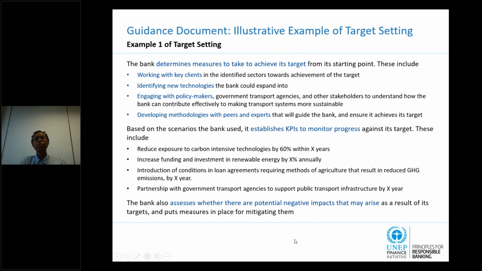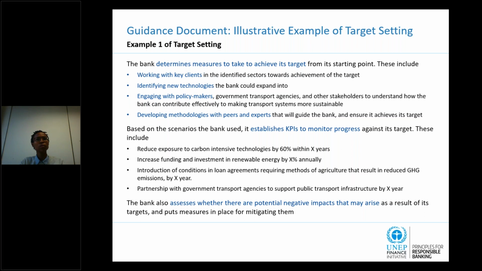Now, once you set a target, you determine the measures. What can you do practically to achieve its targets and measure progress against its starting point?